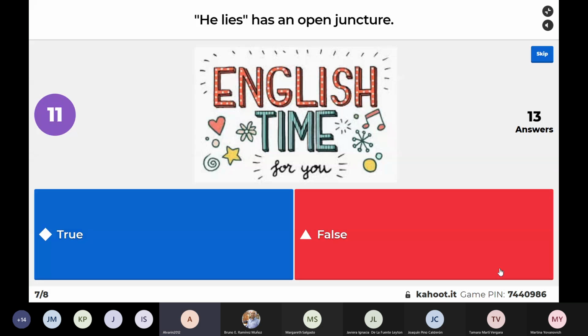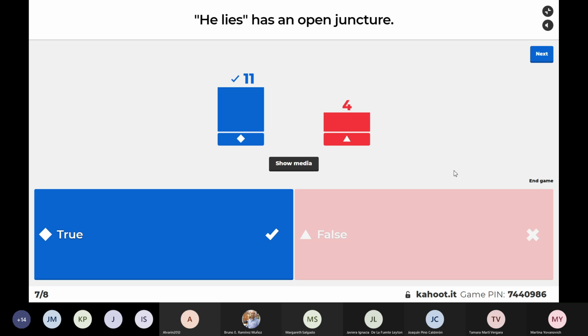We need a pause here. True or false? Correct. Yeah, true. He lies. We need an open juncture. We need a pause in this sentence. Correct.